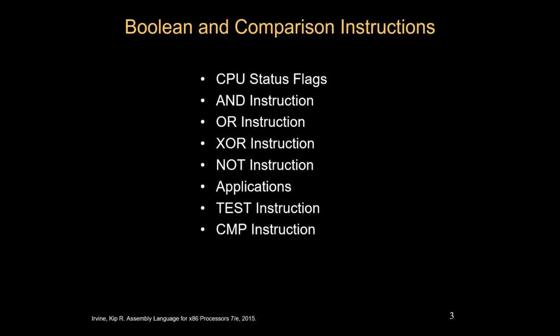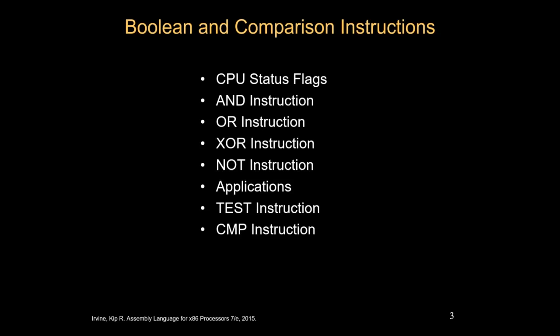We have the Boolean exclusive OR, which is an operation between a source operand and the destination operand, and the NOT, which is the operation on the destination operand, and then the TEST, which is the implied Boolean AND operation between the source and the destination operand, setting the CPU status flags appropriately.